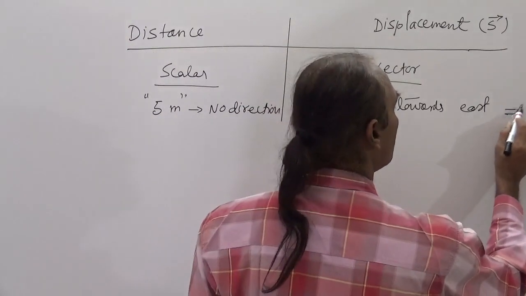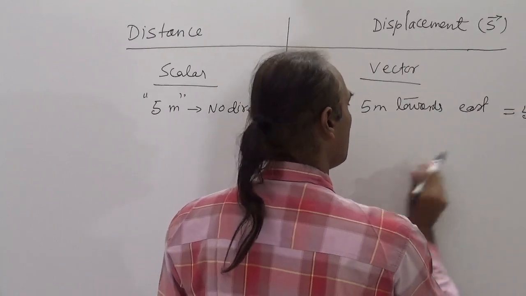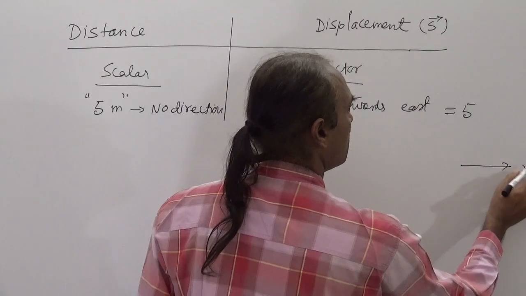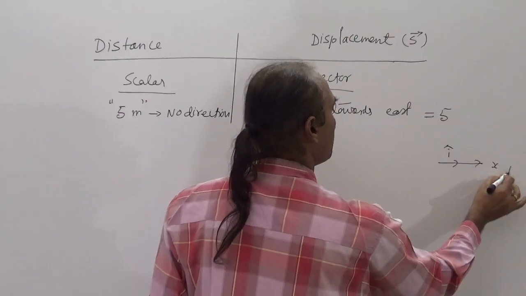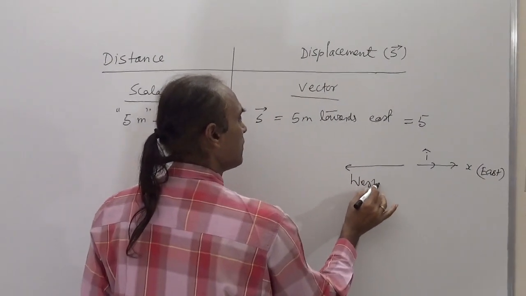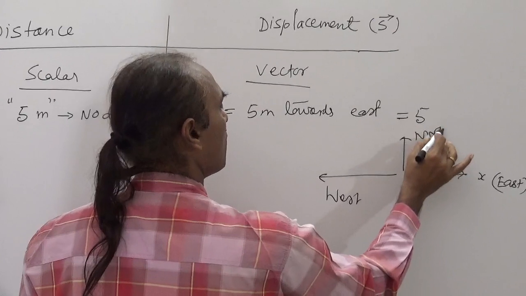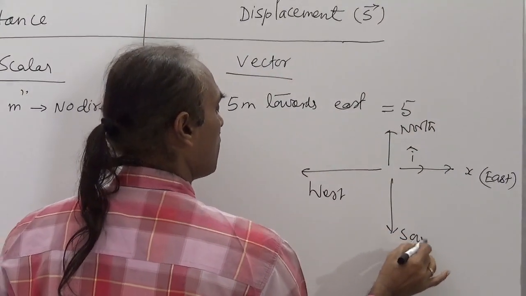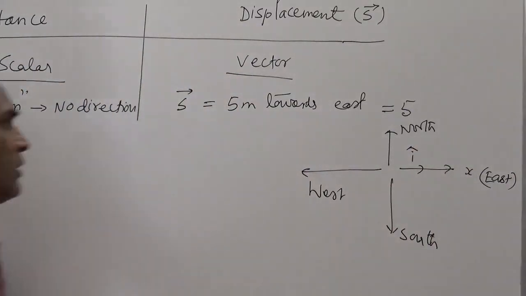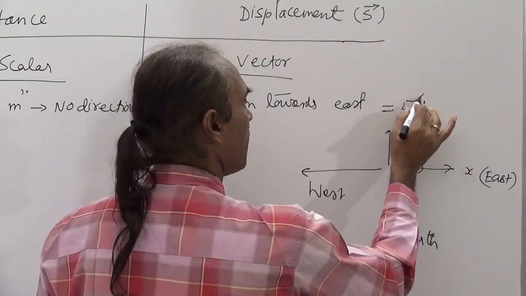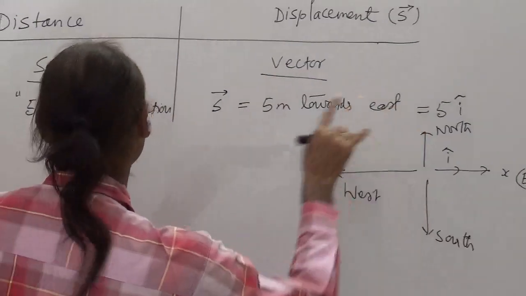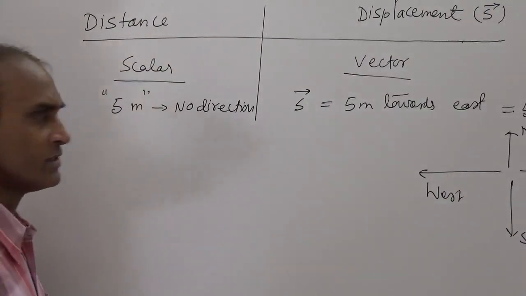We can write 5 is the magnitude and towards east is the I cap direction. This is east, this is west, this is north, and this is south. So each direction is given by the unit vector I cap. 5 meters towards east is different from just 5 meter distance.